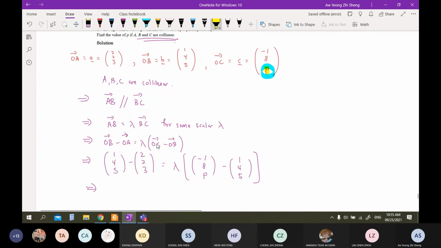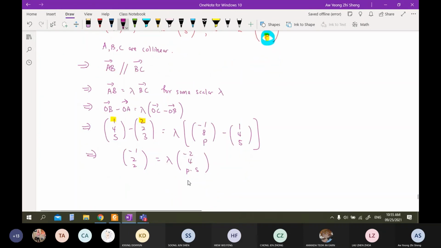Whether you need to do addition or subtraction, you just add or subtract component by component. So 1 minus 2 gives you minus 1, 4 minus 2 is 2, 5 minus 3 is 2. This is lambda times (-2, 4, p minus 5). So minus 1, 2, 2 is minus 2 lambda, 4 lambda, and (p minus 5) times lambda.